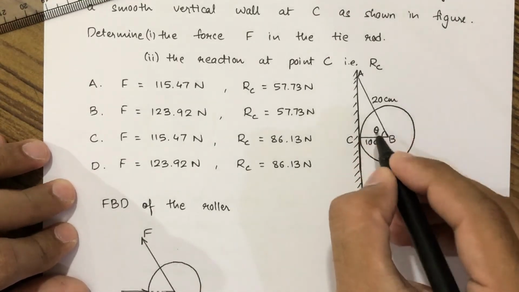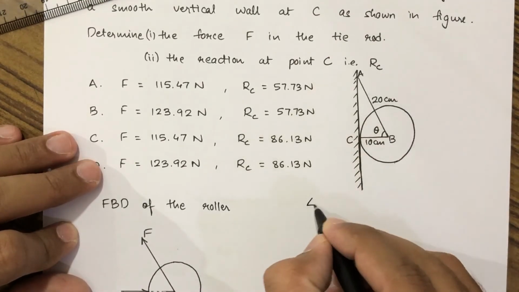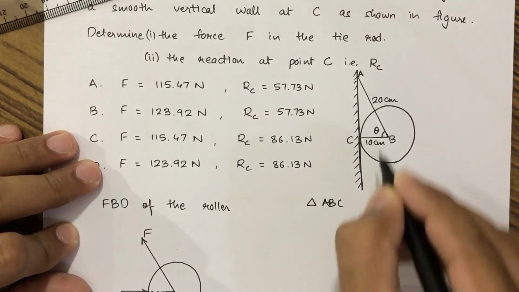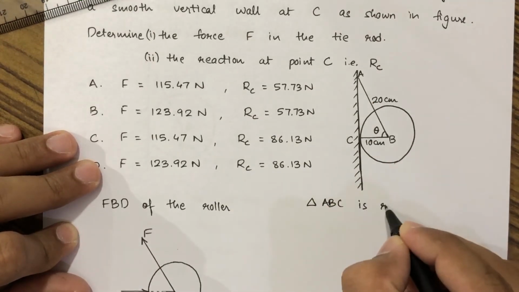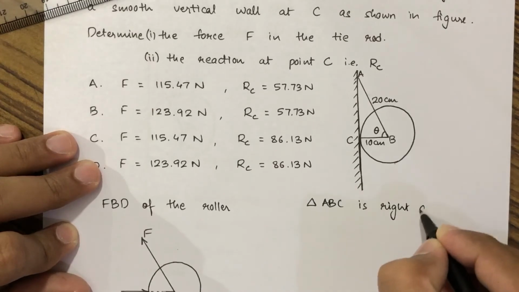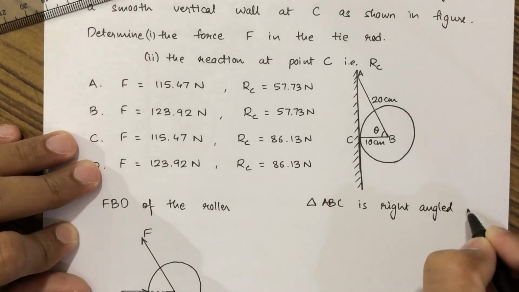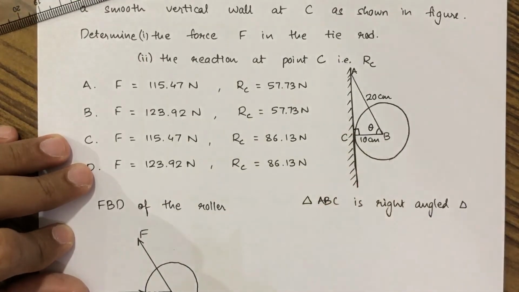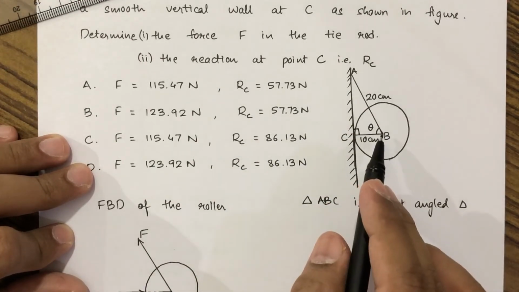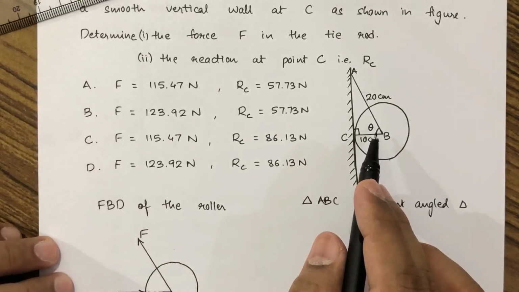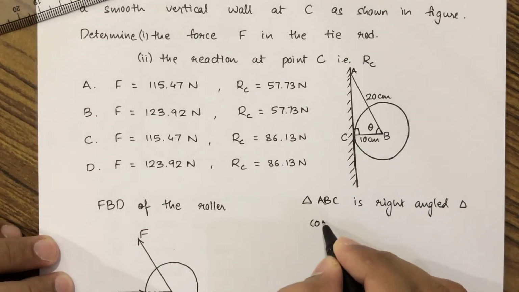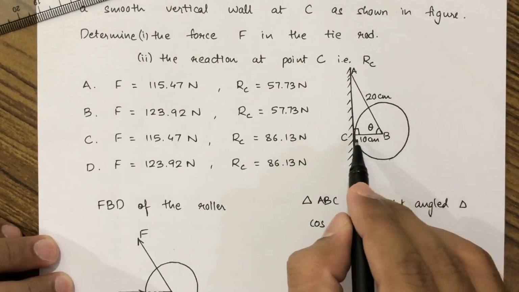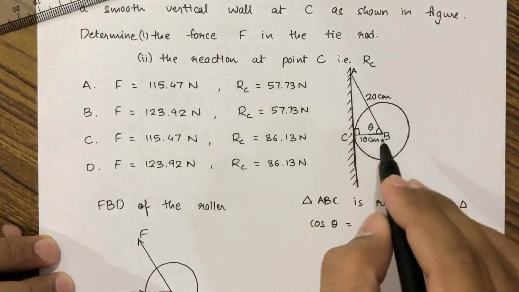Here this triangle ABC is a right angled triangle. So as it is a right angle triangle at this point C, we can find this angle theta. So cos theta is adjacent upon hypotenuse.